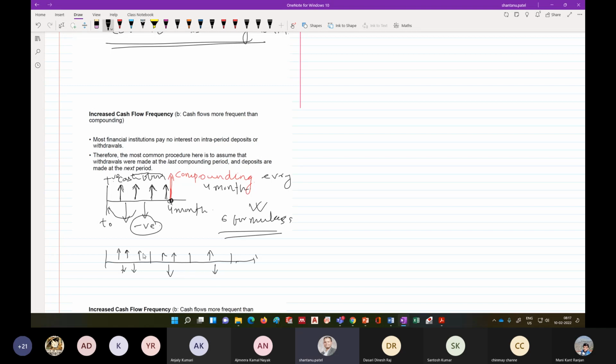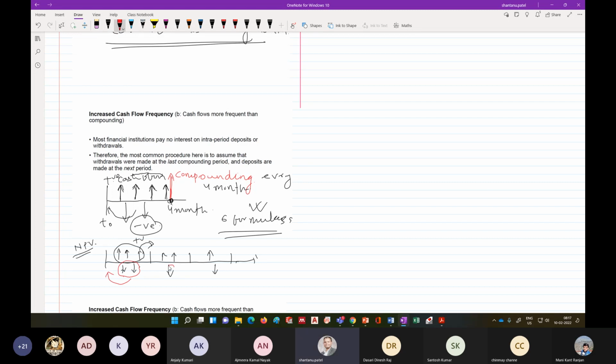So when you are calculating the NPV, these which are the positive cash inflow will go to the next compounding period. And these two, which are the negative cash flow, will go here.